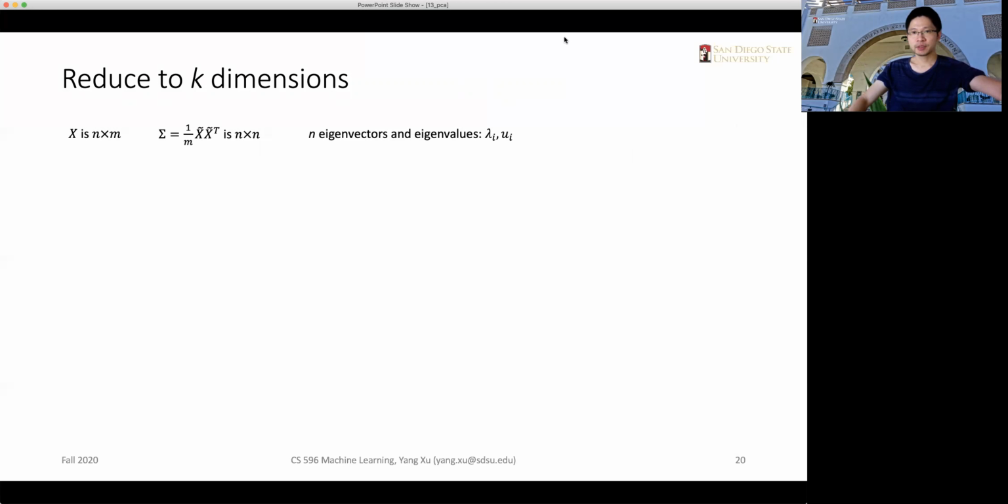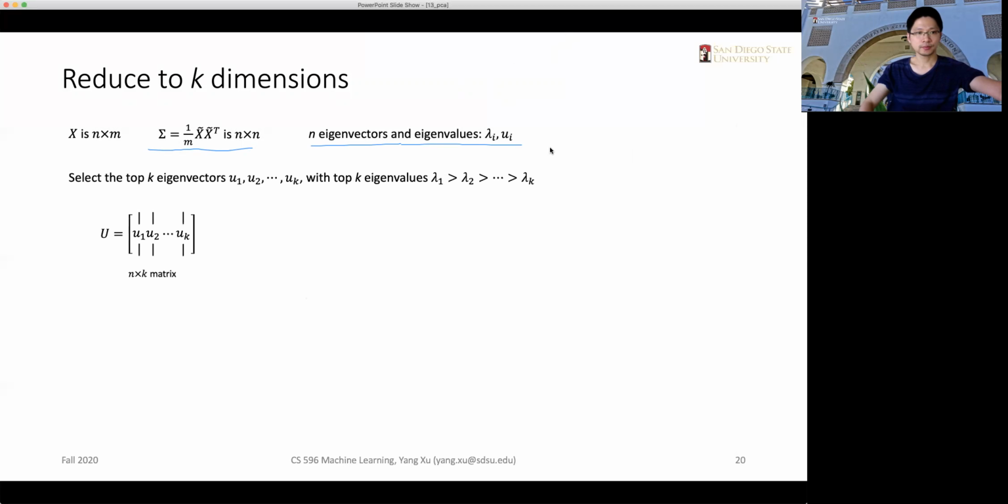Continuing from the previous content, we will have the covariance constructed and all the eigenvectors and eigenvalues computed. And what we need to do is to simply select the top k eigenvectors, from u1 to uk, right? And we also remember to keep their eigenvalues from lambda 1 to lambda k.